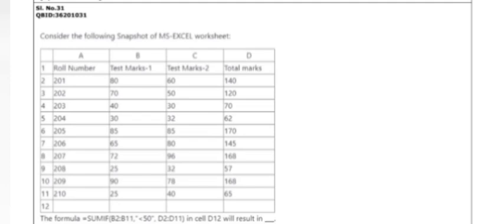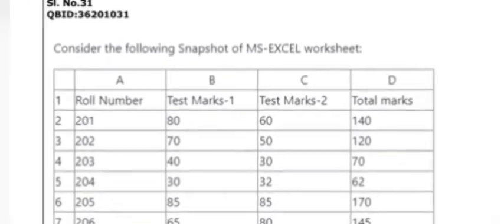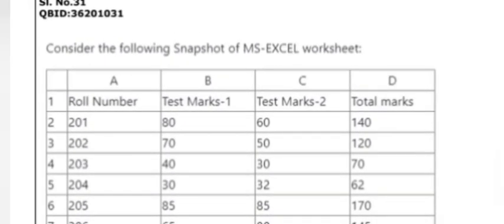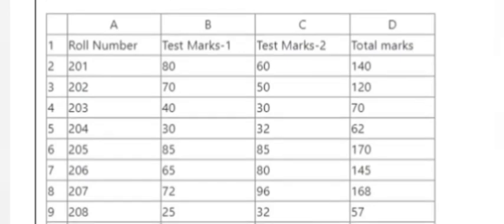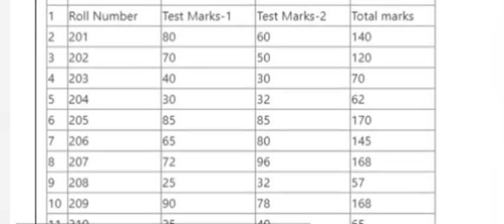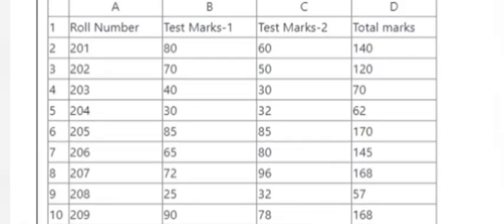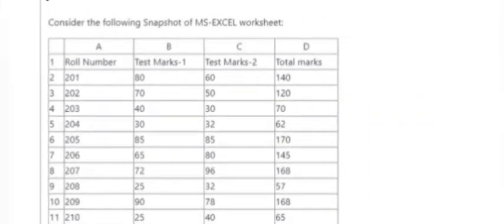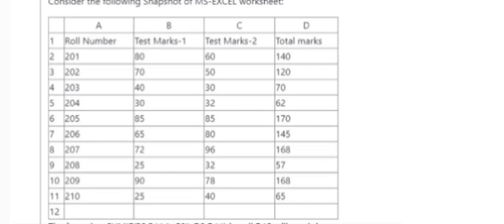31, it is a data interpretation question. Consider the following snapshot of an MS Excel worksheet, columns A, B, C, D and rows 1, 2, 3, 4. Serial number, roll number, test mark 1, test mark 2, total mark are given. I will just read randomly, so it is your task to focus, or you can ignore me and pause the video and do your own reading.